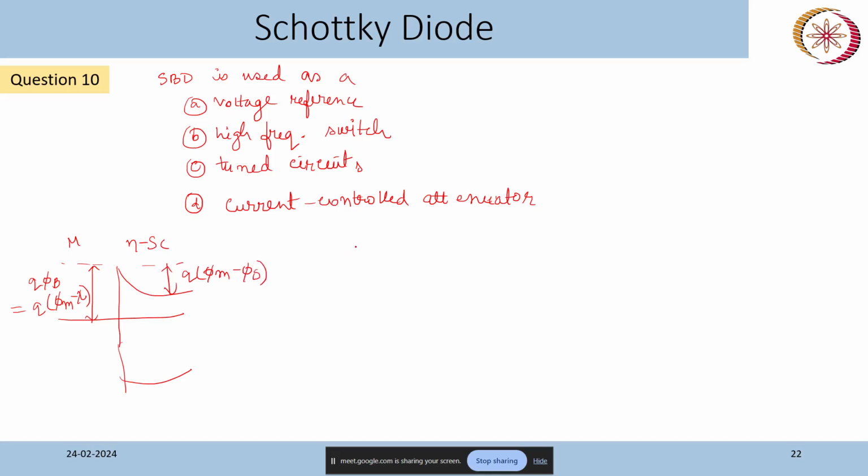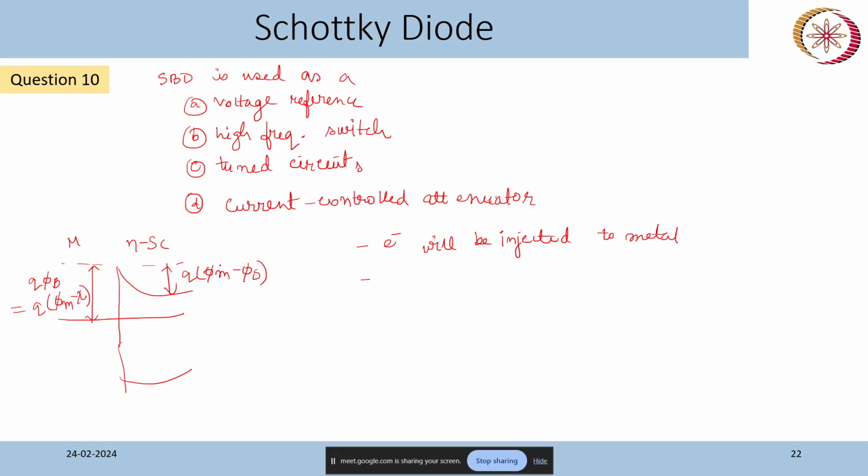Okay, so when it is forward biased, because it is an n-type semiconductor, electrons will be injected from the semiconductor side to the metal.